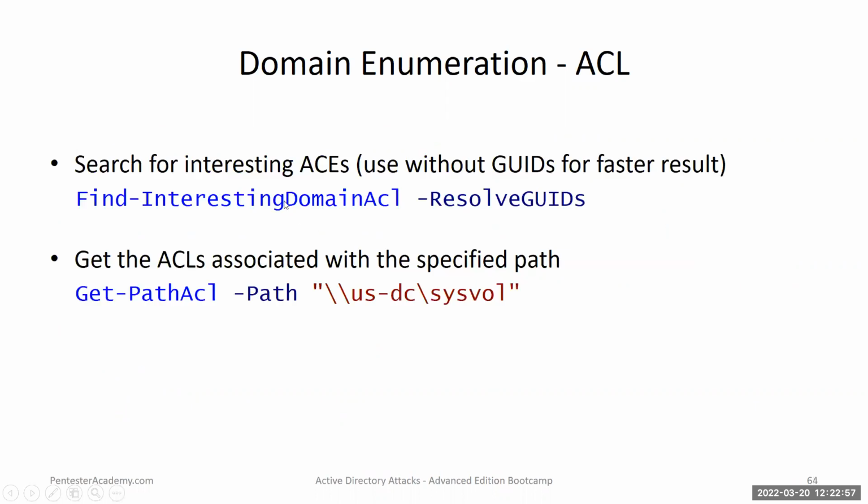For that, you can use Find-InterestingDomainAcl. What Find-InterestingDomainAcl does is it lists all the ACLs where any security identifier has modify, GenericAll, or write permissions. That is anything other than read. That is considered interesting by this command.